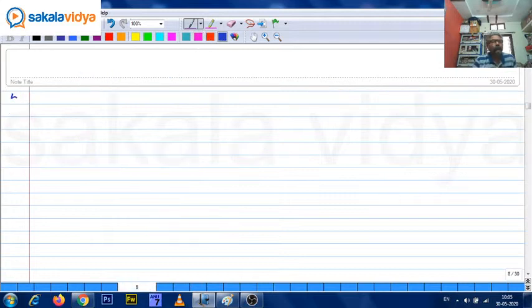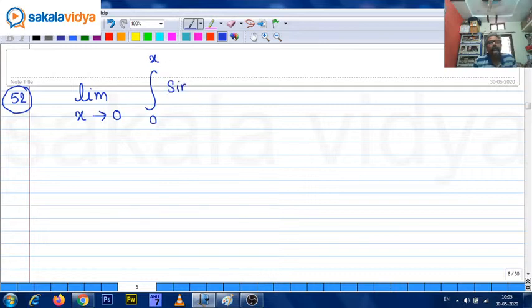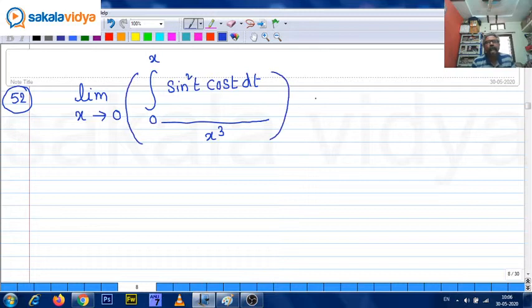Question number 52. Limit x tends to 0, integral 0 to x sin square t cos t dt upon x cube equals to.